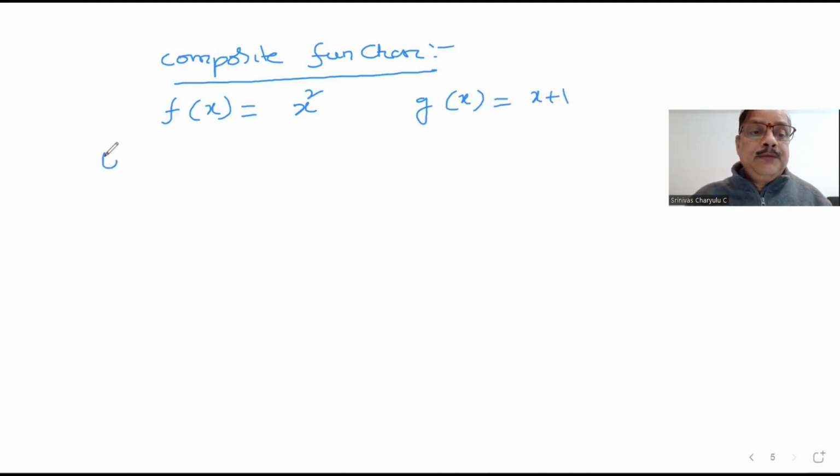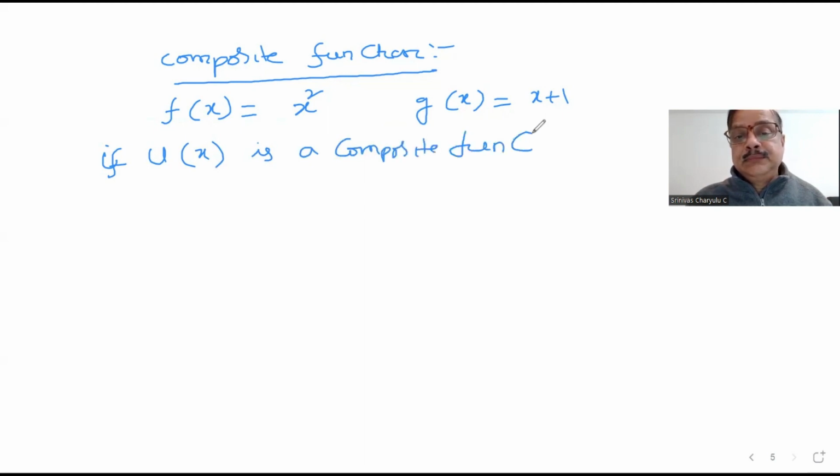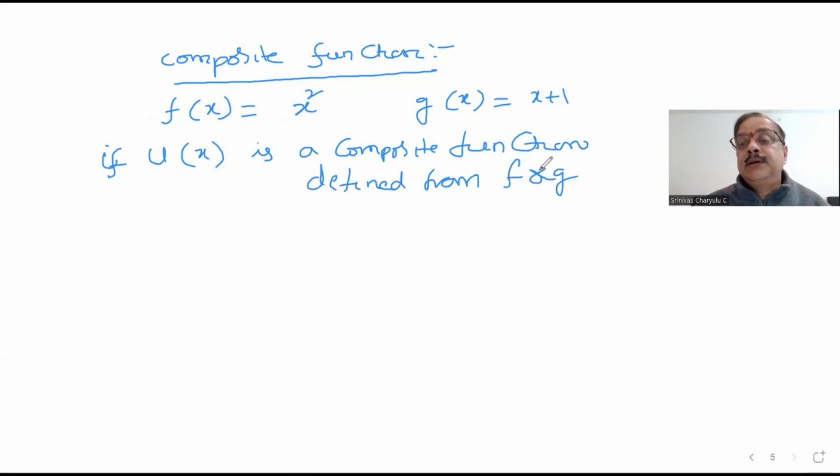Now, let us say u of x is a composite function defined from f and g. How?